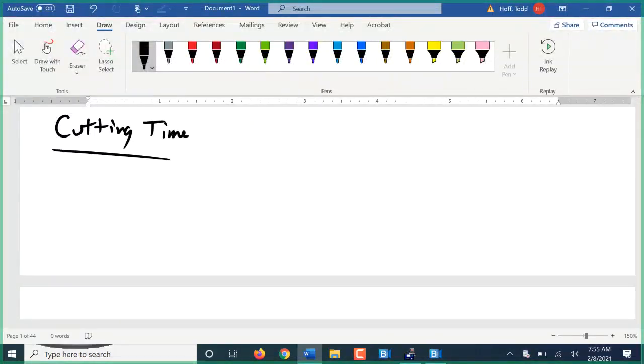So, cutting time. When you guys discuss cutting time, you discuss chip load and all that stuff. We're going to keep it a little bit simpler. We're not going to look at the number of cutting surfaces on the tool. A 2-tooth mill versus a 3 or 4 makes a difference. We're just looking at advancement per revolution.